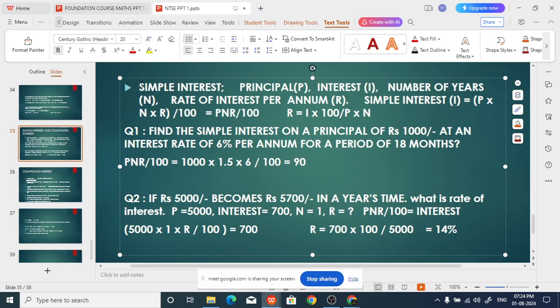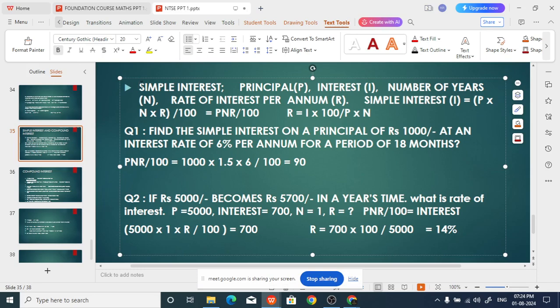R is equal to I into 100 by P into N. Now the question is, find the simple interest on a principal of 1000 at an interest rate of 6% per annum for a period of 18 months.